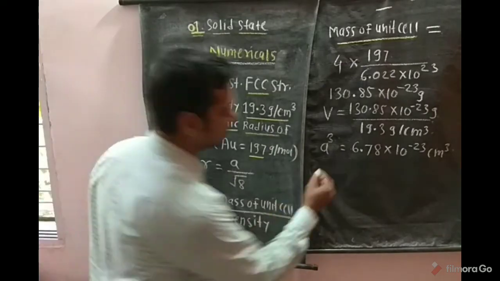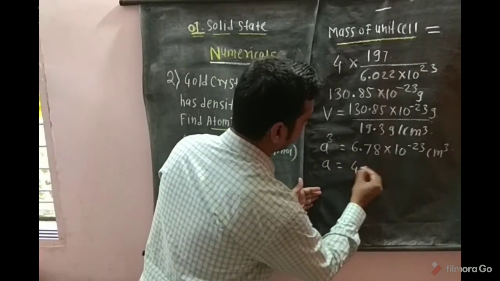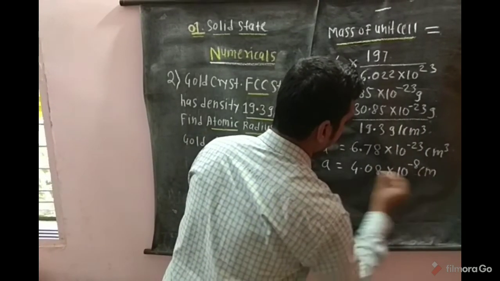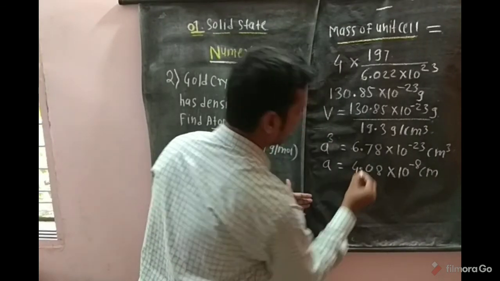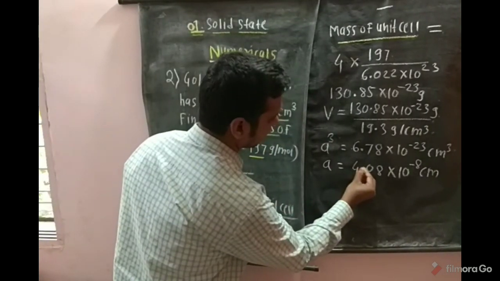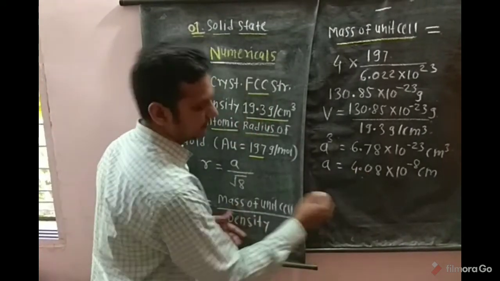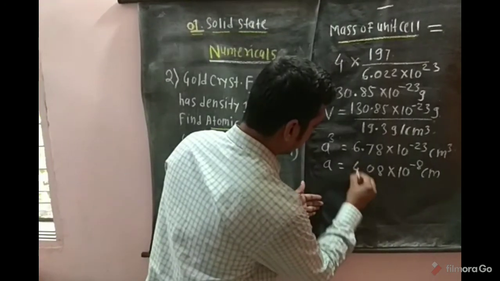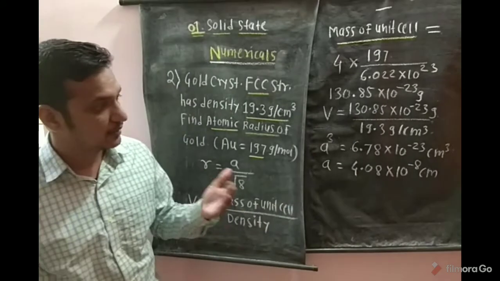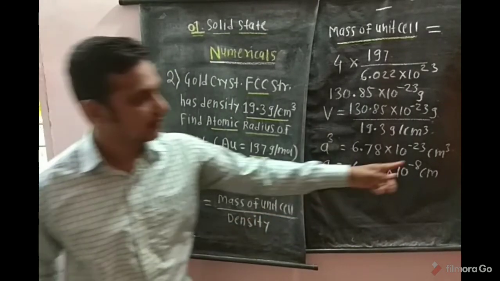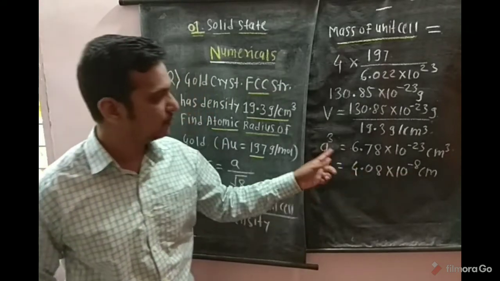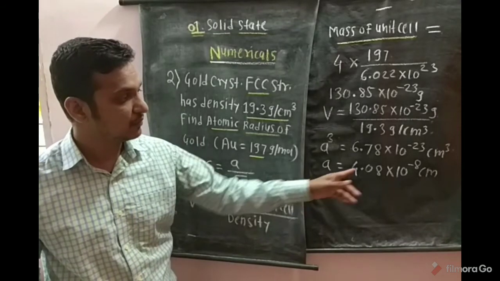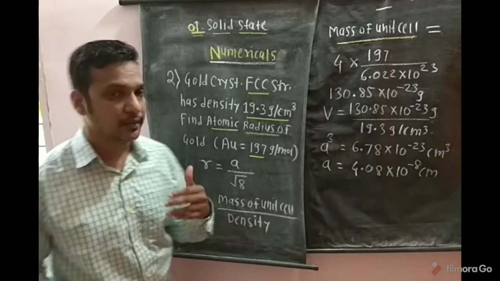A is equal to 4.08 into 10 raised to minus 8 centimeter.